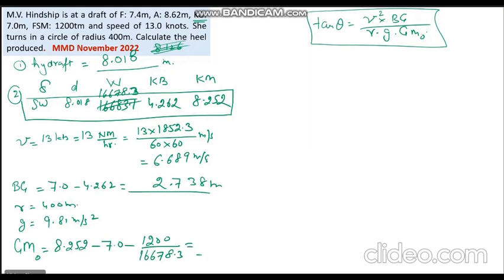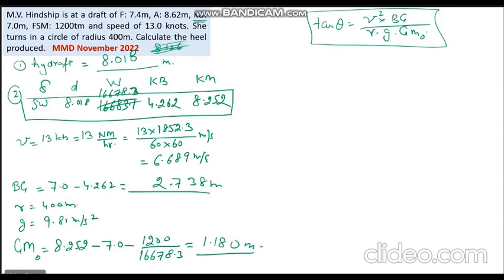How much is the GM initial coming then? 1.180 meters. Okay.